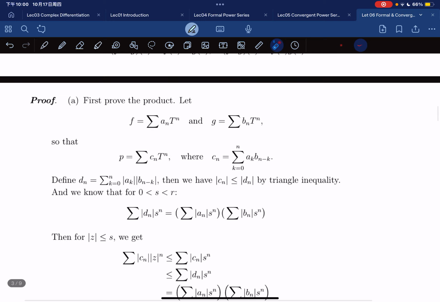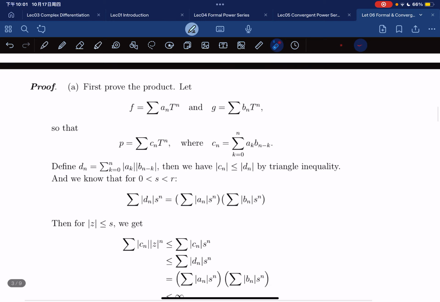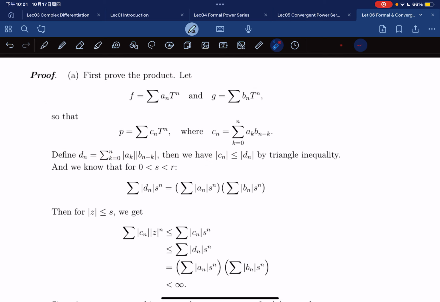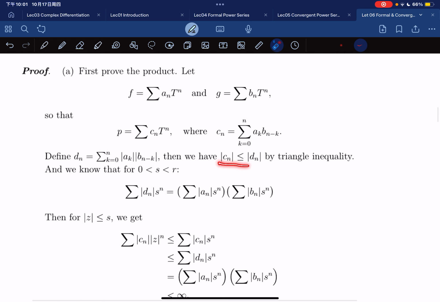To prove the theorem, we prove the product first. We define d_n as the sum of the absolute values of the terms, then we have |c_n| less than or equal to d_n by the triangle inequality, because this is less than or equal to the sum of those.